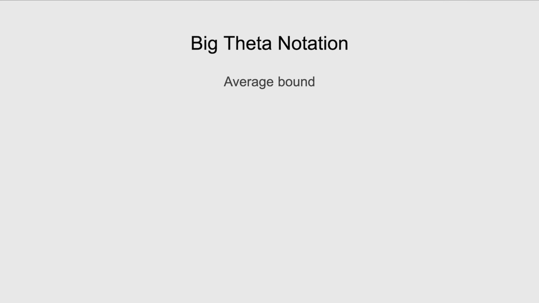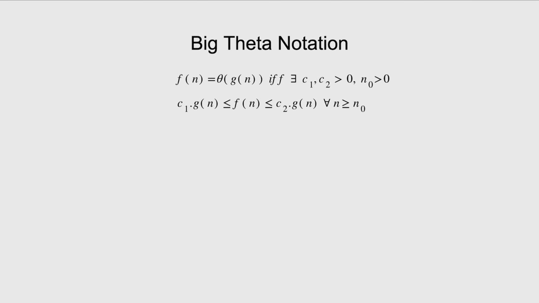The last one is the big theta notation, and this works as an average bound of a function. The definition says that the function f(n) equals theta of g(n) if there exist positive constants c1, c2, and n0 such that c1 times g(n) is less than or equal to f(n), and that is less than or equal to c2 times g(n), for all n greater than n0.